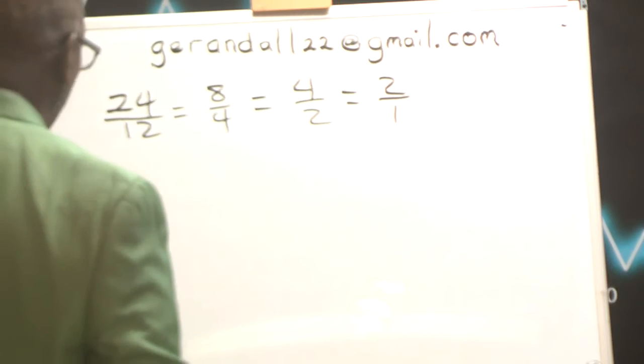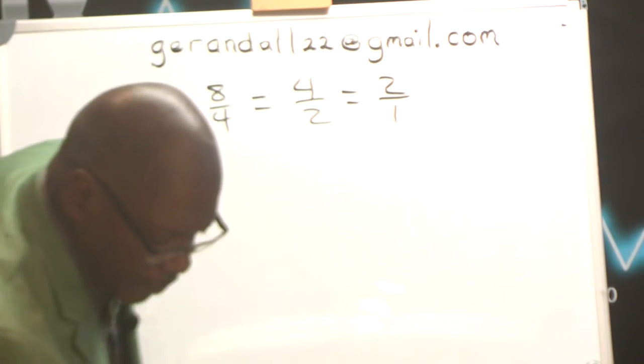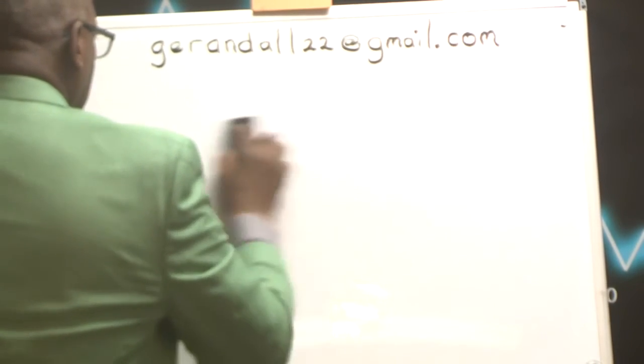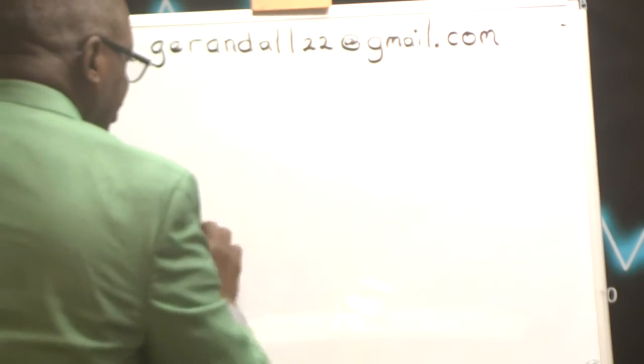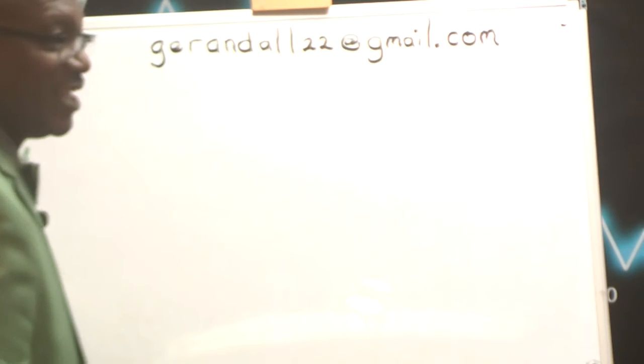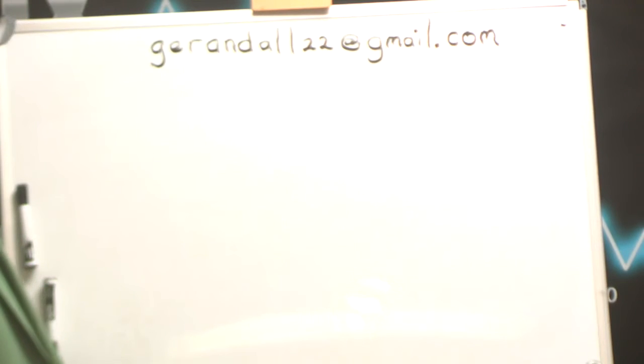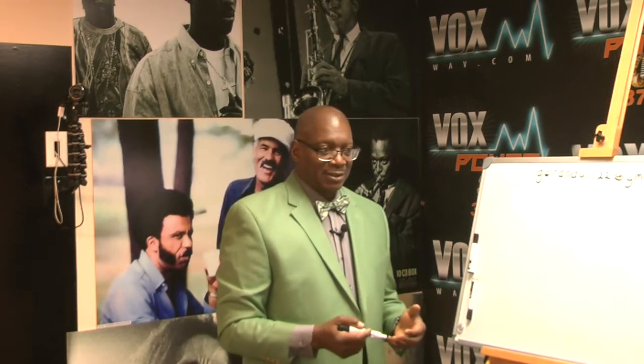Okay. Now, the next portion is to look at some rates. Now we're comparing two different things. In a sentence, you might hear 60 miles per hour. When you hear the word per, we're talking about rates.